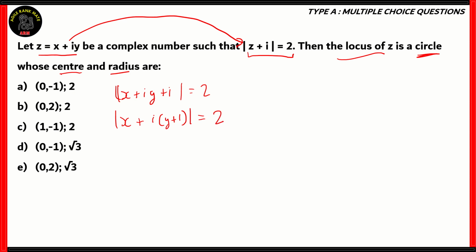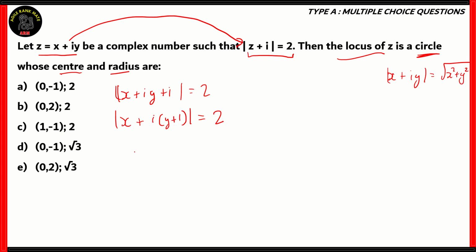Now, in this particular question, we're going to use the formula for the modulus of a complex number. The modulus of a complex number is written as the square root of x squared plus y squared.